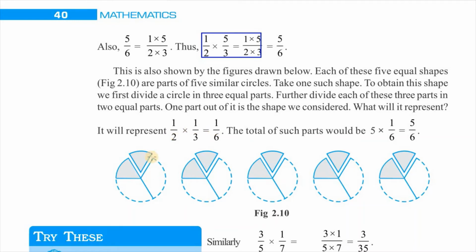Next, we have each circle divided into 3 equal parts, and that represents the 1 by 3 part of it. Finally, we have those 3 equal parts divided into half. That represents the half part of it. Therefore, the total shaded portions represent 5 into half into 1 by 3, which is equal to 5 out of 6.